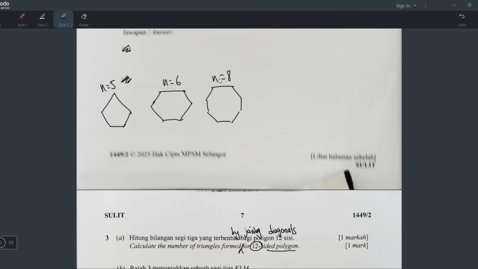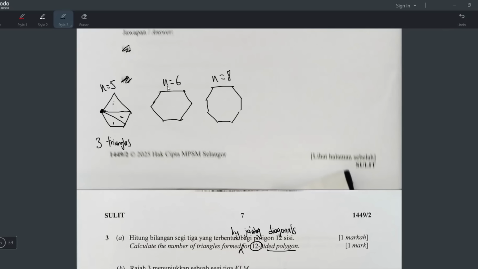How many triangles can I form by joining diagonals? When you draw a diagonal, you draw from corner to corner, but you cannot draw to the adjacent corner because a diagonal is the line in between. So you join it like this, to this line and to this line, and you form 3 triangles.